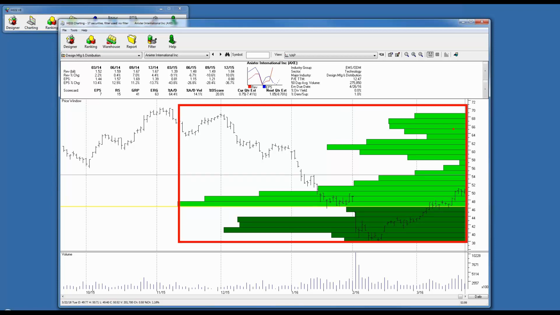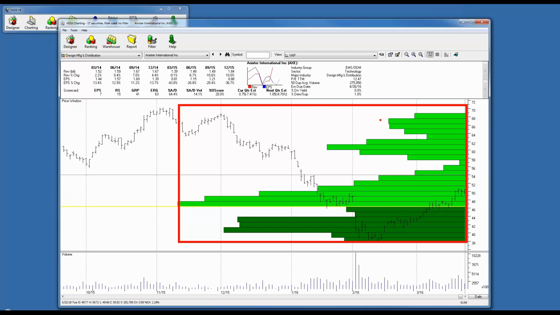The high and the low range is the high and low range that the stock traded in during that box. That defines essentially the field of play for this indicator.